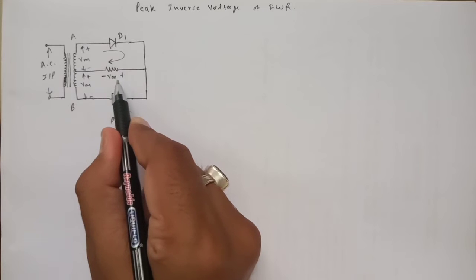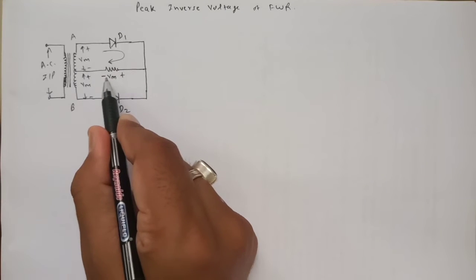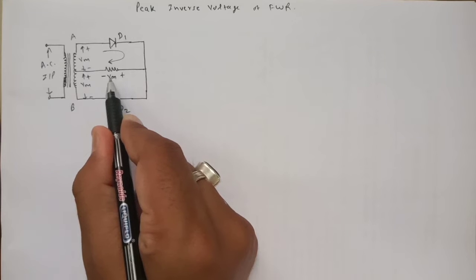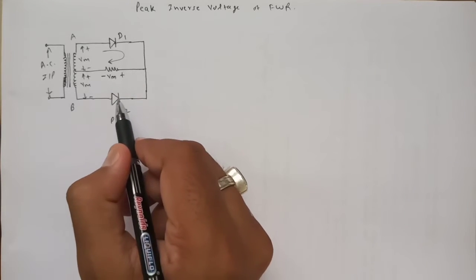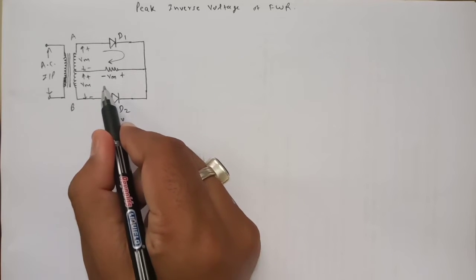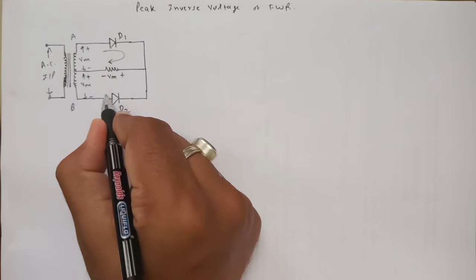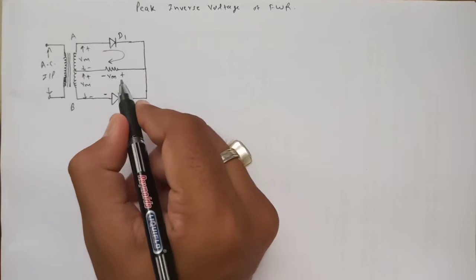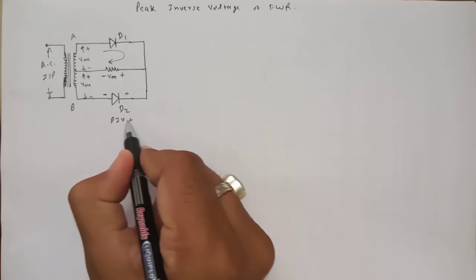The voltage Vm is generated with this polarity, and let us consider the PIV with this polarity. As the diode is reverse biased, its anode is negative and its cathode is positive, so the PIV polarity can be taken like this.